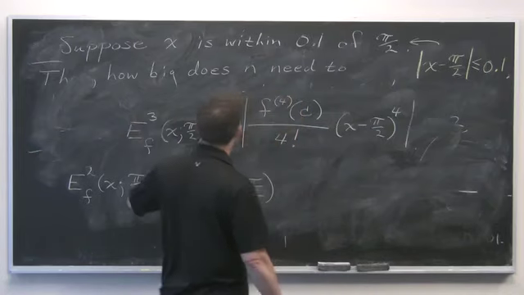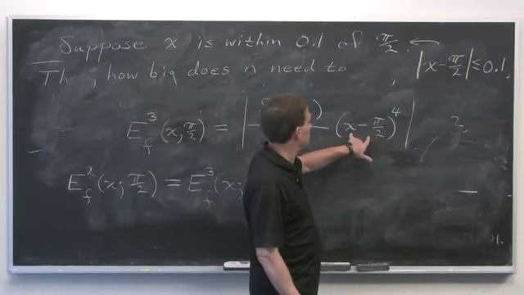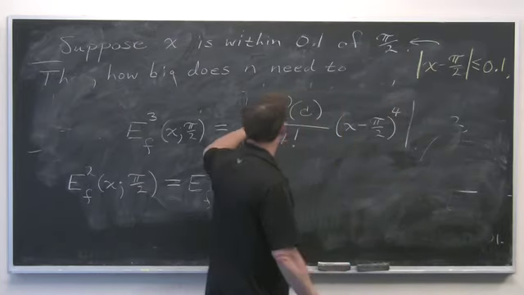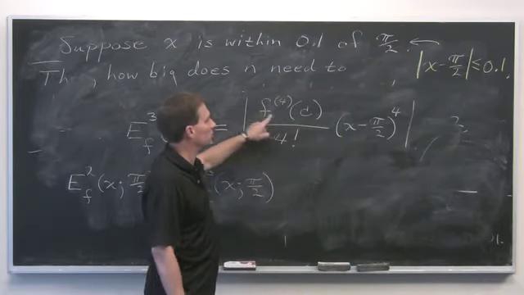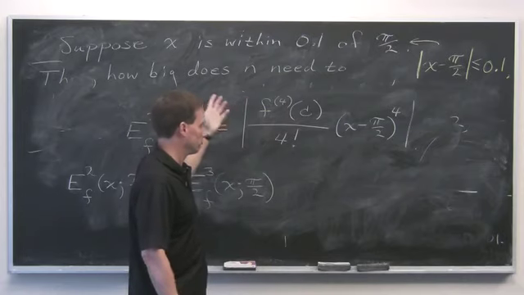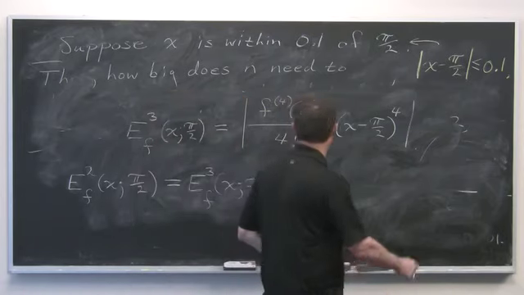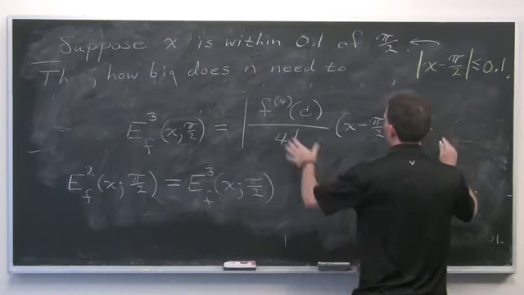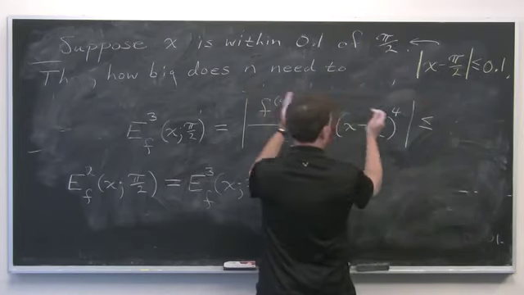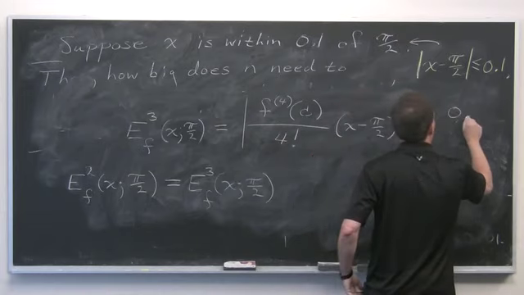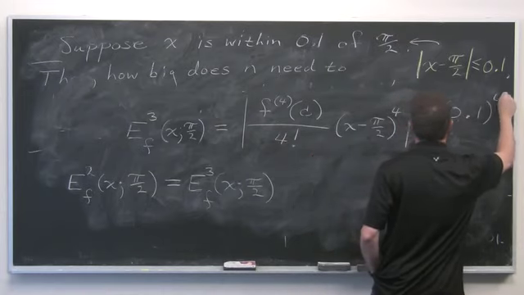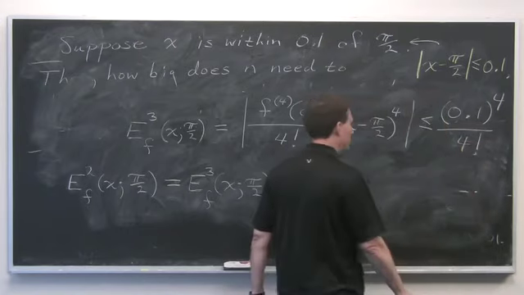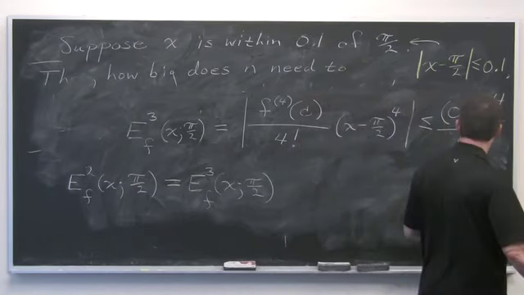But if we're assuming that x minus pi over 2 has absolute value less than 0.1, we also know this has absolute value less than or equal to 1, because it's actually sine of c. So this whole thing is less than or equal to 0.1 to the fourth divided by 4 factorial. So, what does this tell us?